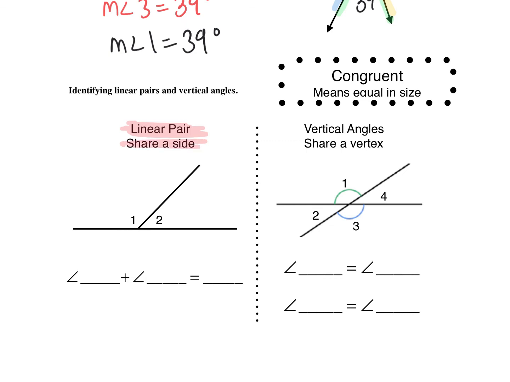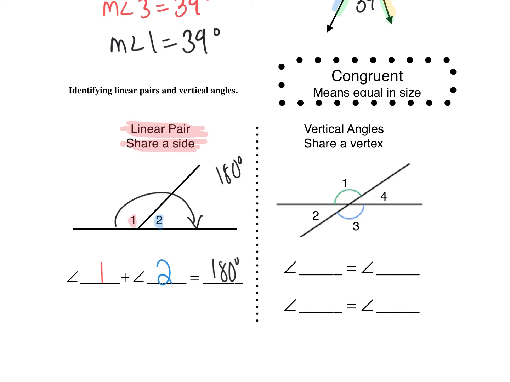So linear pairs share a side, which means that they make a 180 degree line, right? So they add up to be 180 degrees. So that tells me that the measure of angle 1 in this picture, in order to be a linear pair, plus the measure of angle 2 in this picture, must be equal to 180 degrees because they make a linear pair.